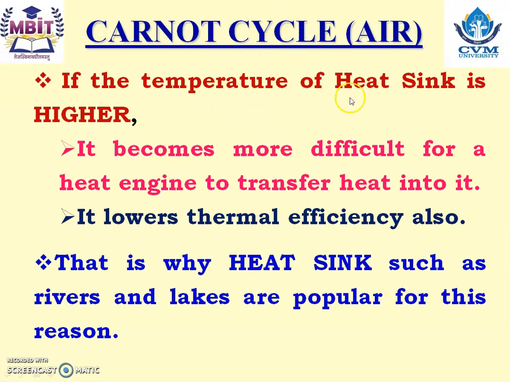And if the temperature of heat sink is higher, it becomes more difficult for a heat engine to transfer heat. It means heat sink temperature should not be higher, it should be lower. It lowers the thermal efficiency also. And therefore, heat sinks such as a river or a lake are popular for this reason. It means heat is rejected to rivers or lakes.